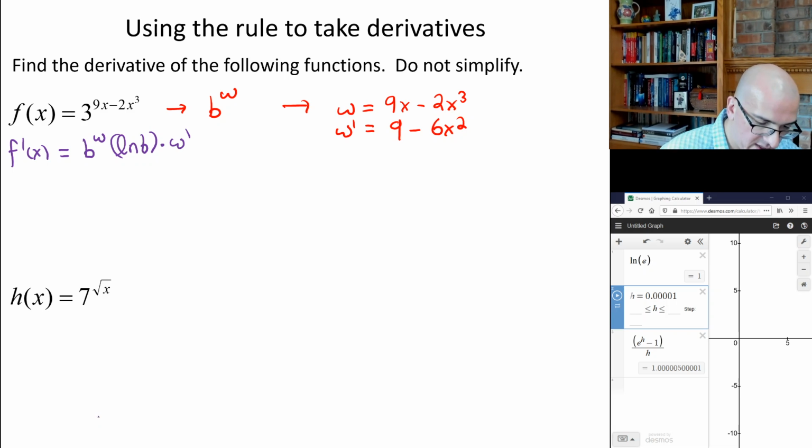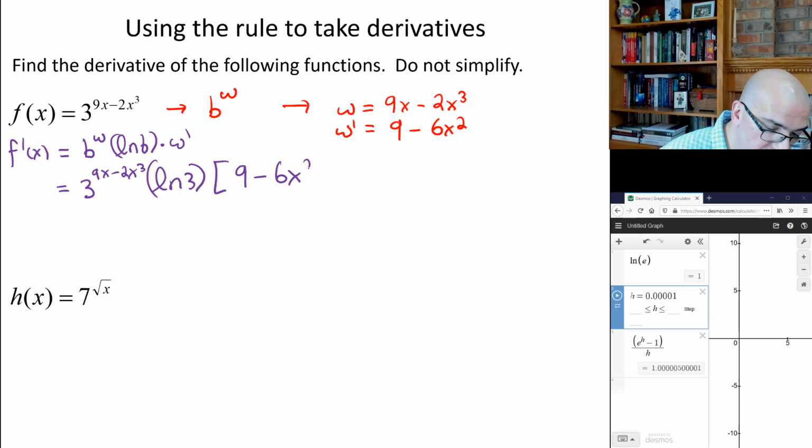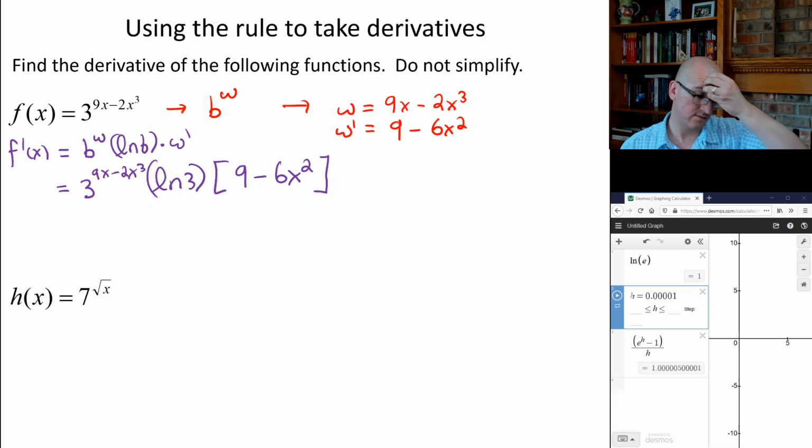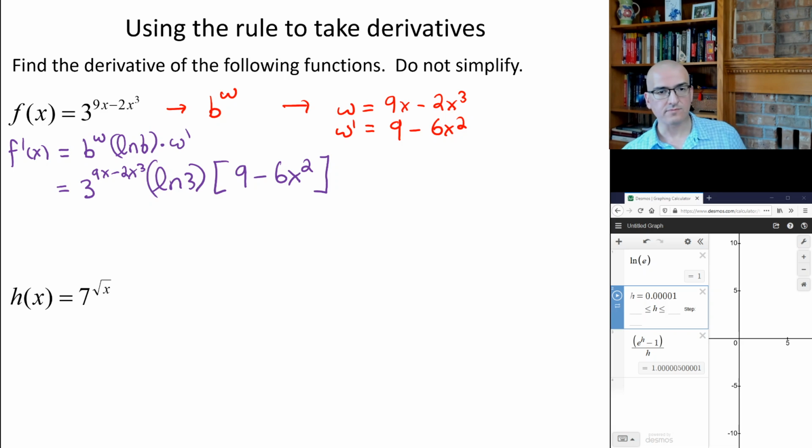So let's plug everything in. 3 to the w, so 3 to the 9x minus 2x cubed, times the ln of 3, times 9 minus 6x to the power of 2. And that's a good way to leave the answer.